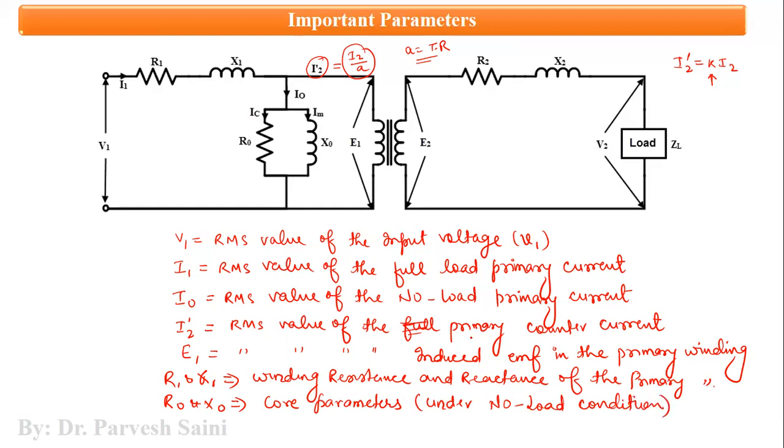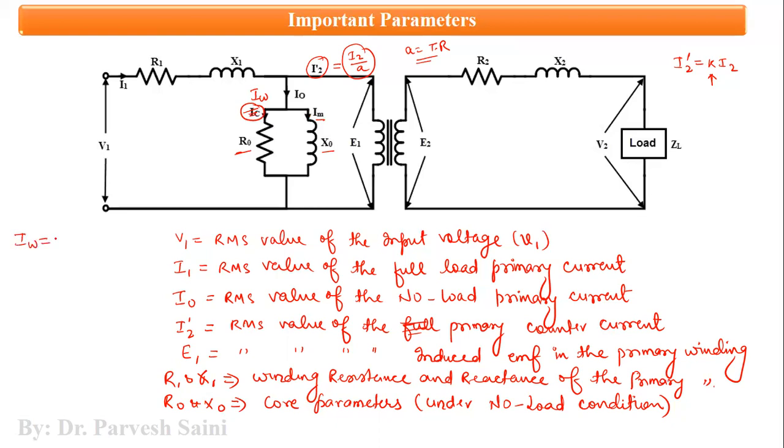So we have already understood the significance of R naught and I naught. This is IC, so we can take it as IW because we are already taking this as IW as a notation. This is IM.